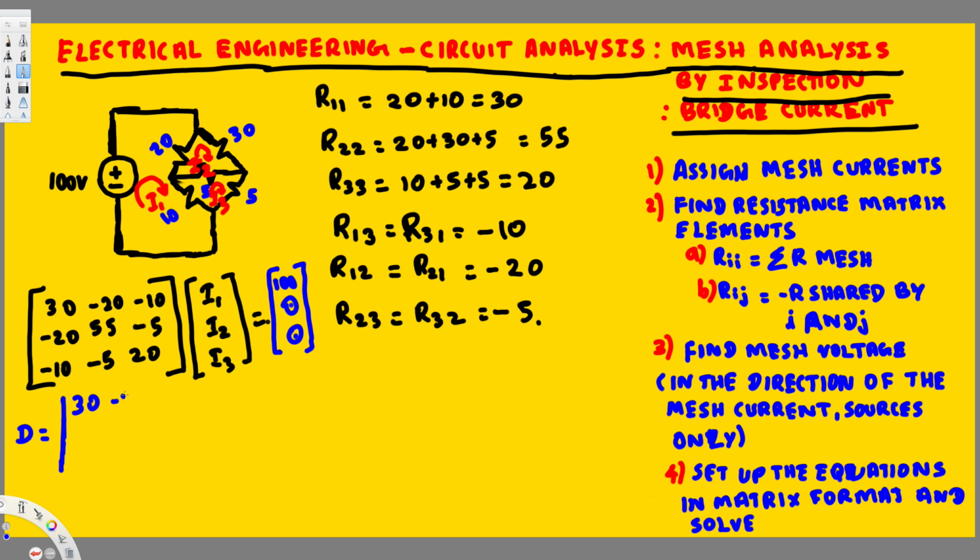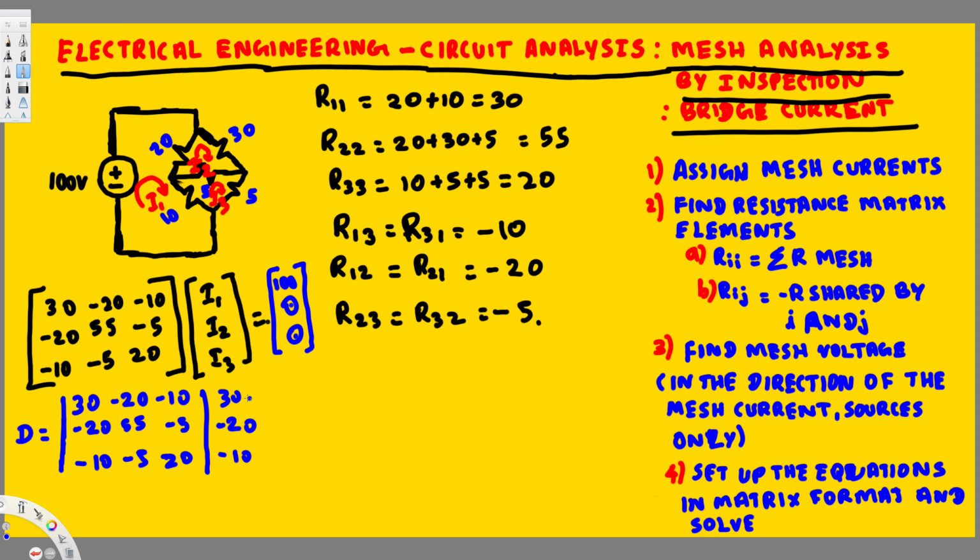You put the numbers minus 10, minus 20, 55, minus 5, minus 10, minus 5, 20. There are different methods. One method is this one. You write the first two terms again, like 30, minus 20, minus 10.